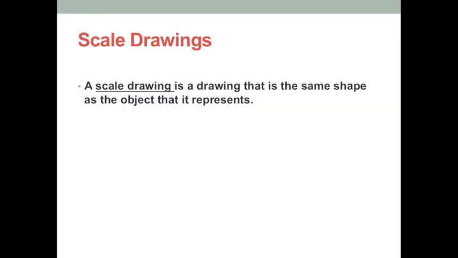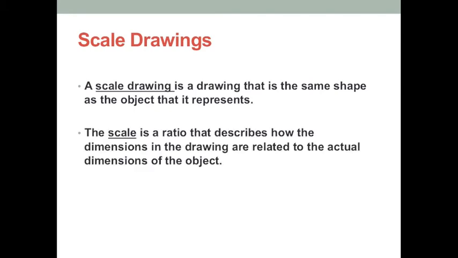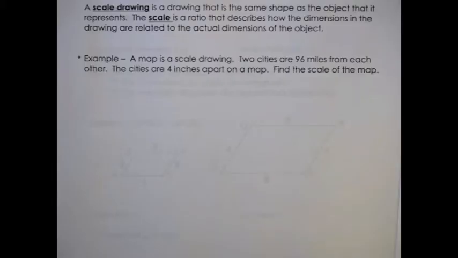A scale drawing is a drawing that is the same shape as the object that it represents. The scale is a ratio that describes how the dimensions in the drawing are related to the actual dimensions of the object. All right, we're going to look at an example with a map as a scale drawing. Remembering that a scale is always going to describe the drawing to the actual.